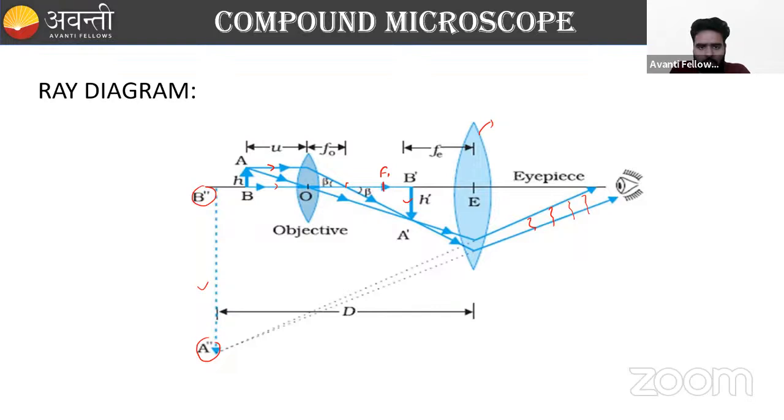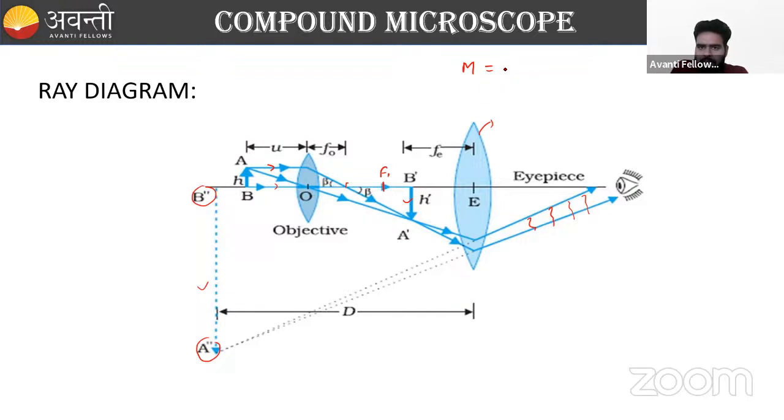So to write down the magnification, this complete compound microscope is made of two types of lens. Magnification is always the product of individual magnifications. If we want to write the magnification of a system of lenses, we have to multiply the magnification of the individual lenses.